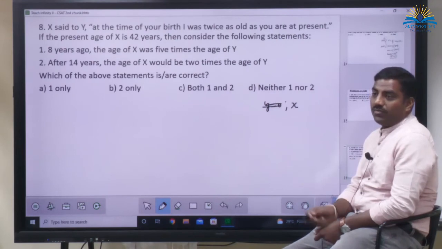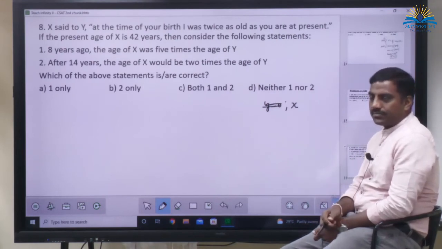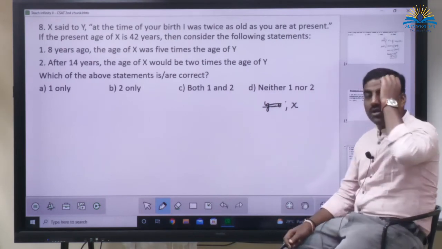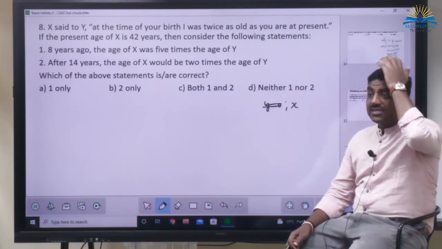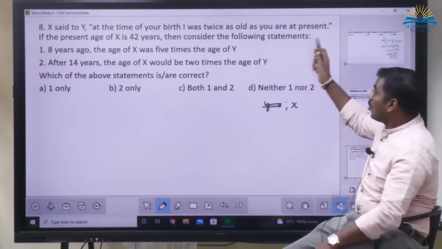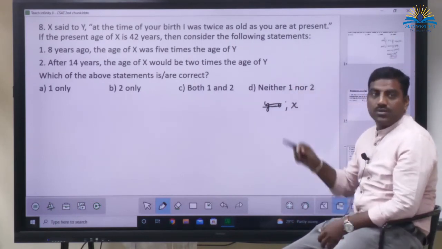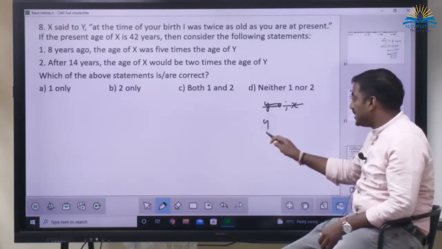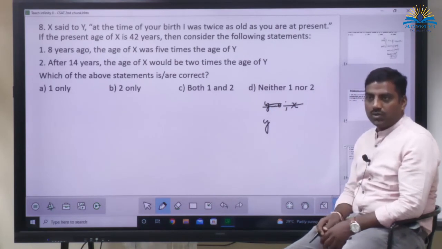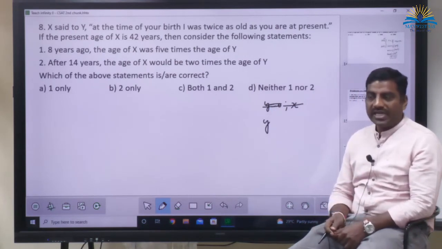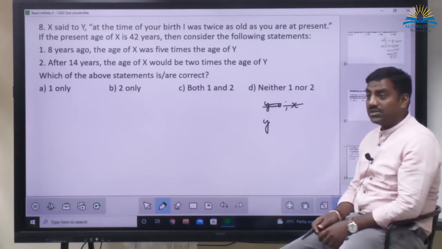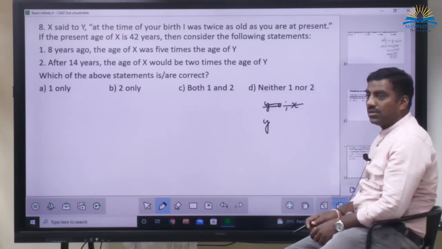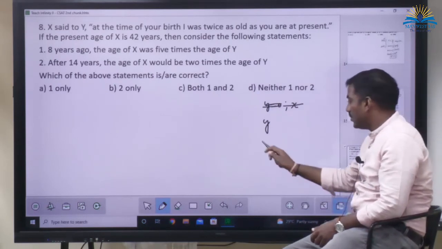At the time of birth of Y, X's age was twice as old as Y's present age. So let us take Y's age as Y now. Then X was how many years old?